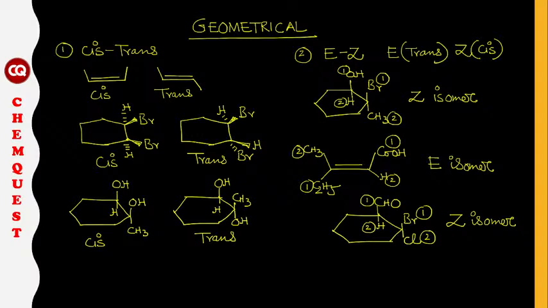The last topic is stereoisomerism, the geometrical isomer. Same group on the same side of the double bond is cis, and different groups on different sides of the double bond means trans.